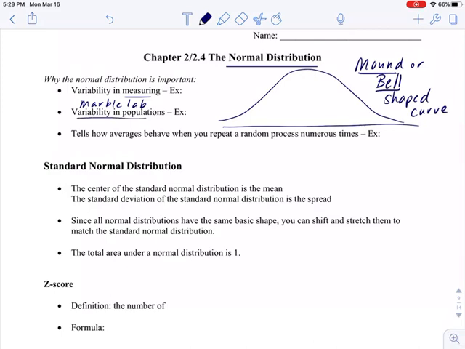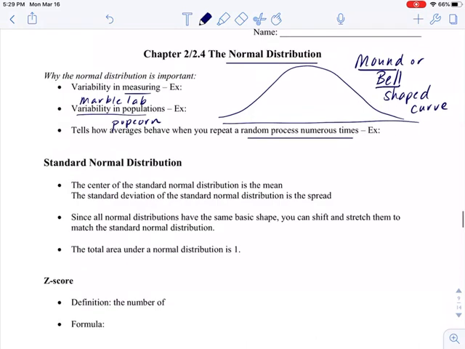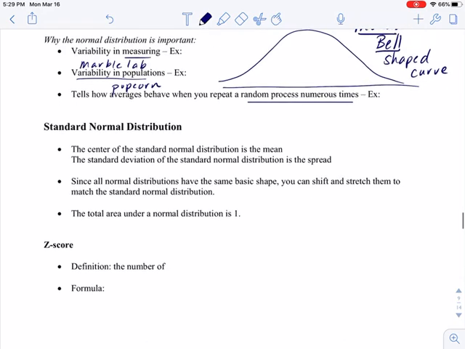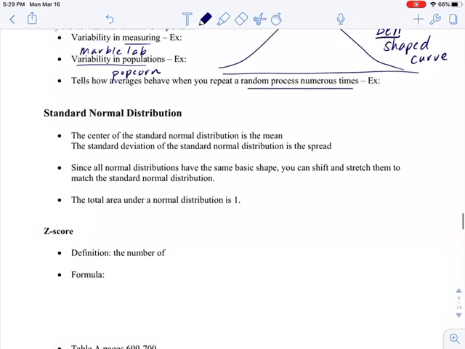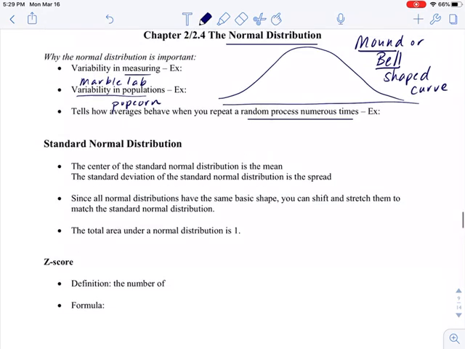We see it in population, so we saw it in the popcorn. And we also see it in random processes that are repeated numerous times. That's a little bit beyond where we're going to go today, but those are called sampling distributions, and they're really fundamental. So we see these mound or bell-shaped curves. They come up all the time, and they have certain properties.